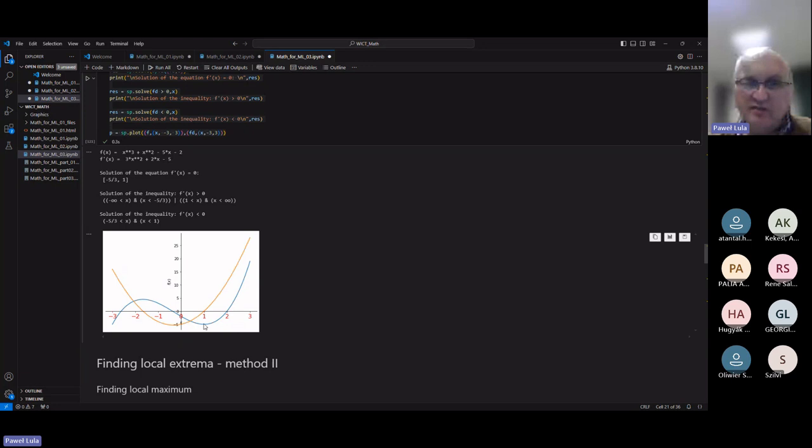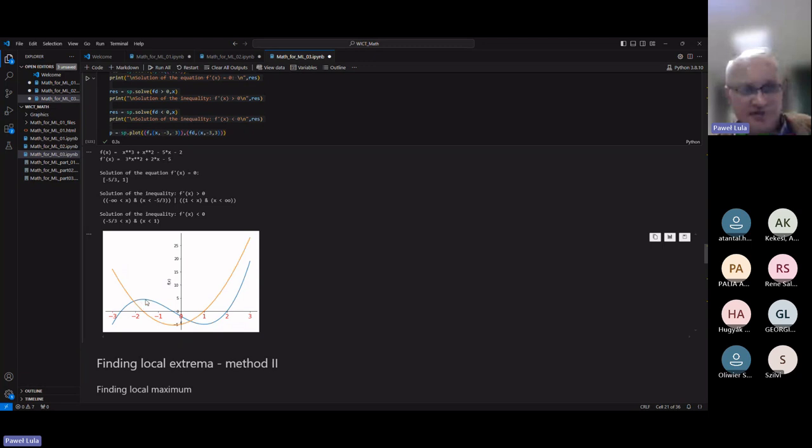We should remember about checking the way in which the first derivative changes its sign. Why is it very important? Because here we have positive derivatives, here negative, and this is always true for a maximum.